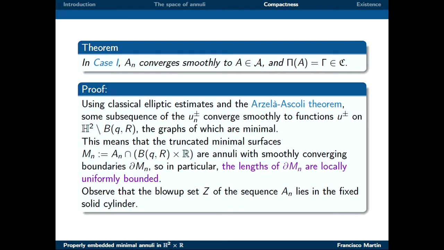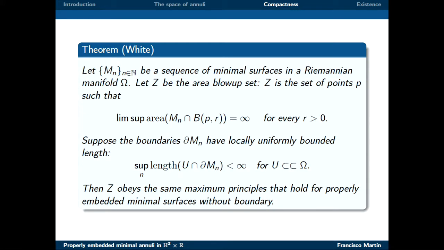Observe also that the set that I'm going to call Z, where the area of these annuli blows up, must be inside this cylinder, because outside the cylinder we have smooth convergence. Okay, so I'm going to use this theorem by Brian White, saying that in these circumstances, which are precisely the ones that I have, this set Z obeys the same maximum principles that hold for properly embedded minimal surfaces.